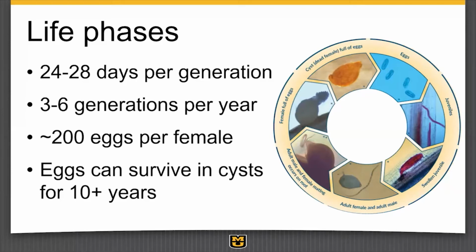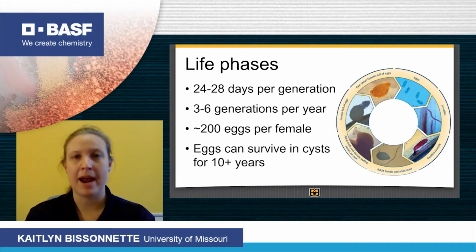Inside each of those females, there are about 200 eggs. And the other thing is that each of those eggs can survive inside the dead females or cysts for 10 or more years in the soil. So that makes managing this pest very complicated. Multiple generations in a season, long-term survival of the eggs in the soil.